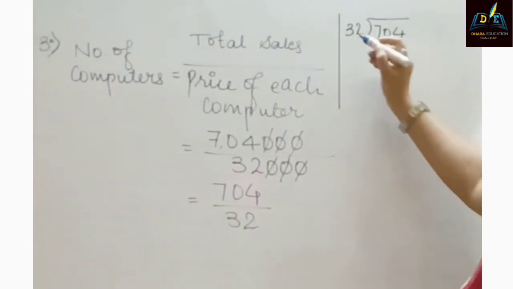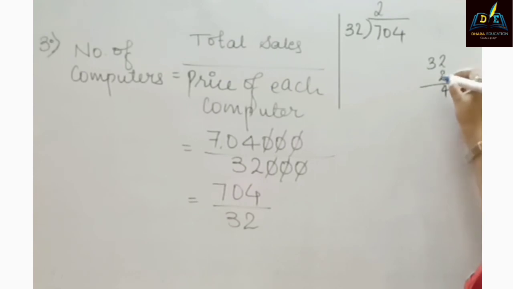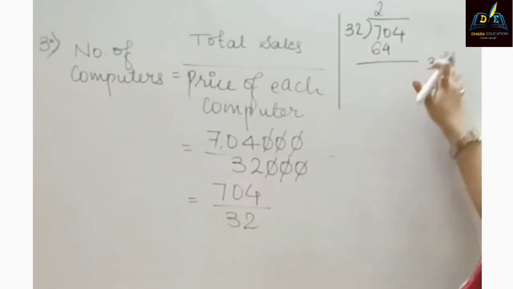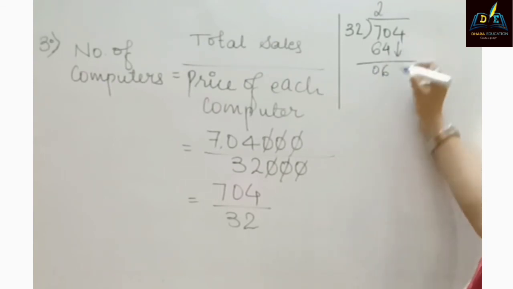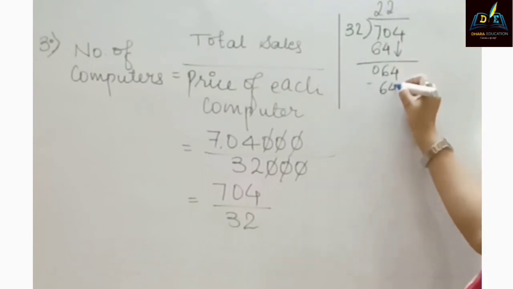Now 32 2s are how much? 32 multiplied by 2: 2 2s are 4, 2 3s are 6, so 64. Subtract, 0, then bring down 6 again, 4, then 2. 32 2s are 64 once again.